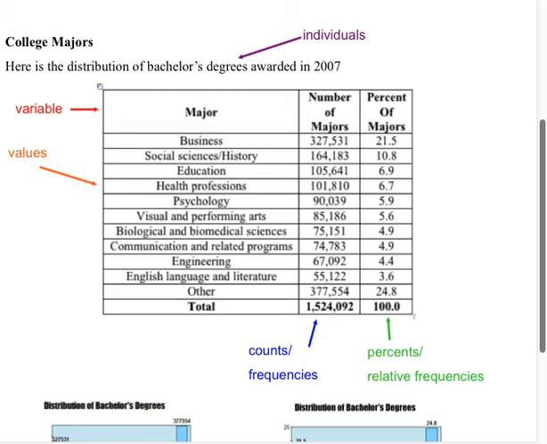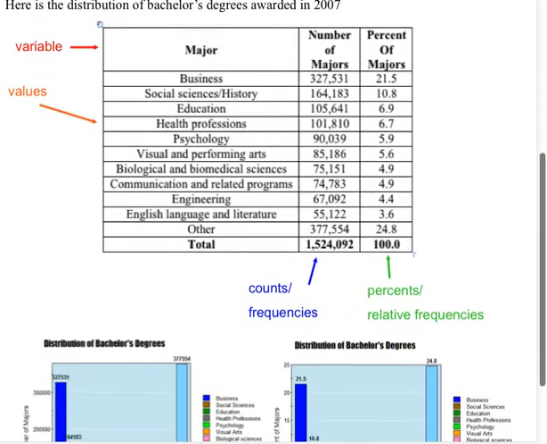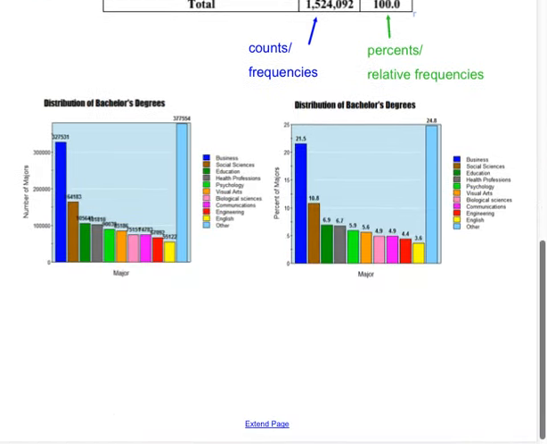Now I do want to show you though, okay? So there's two types of bar graphs that you can make. You can make a frequency bar graph or a relative frequency bar graph. So this one right here, okay, this is based on the number of individuals, okay? So this is just a frequency bar graph.